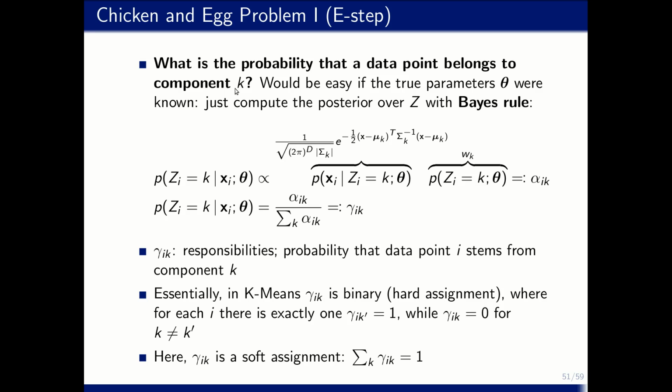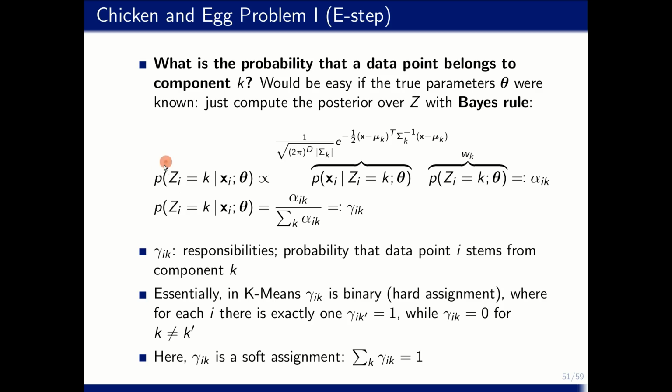This question would be actually easy to answer if we already had the true parameters. But note, we are actually currently learning the parameters, so we don't know the true parameters. But if we assume for a moment that we already know the parameters, then this answer would be easy. Just compute the posterior over the component selector using Bayes' rule.